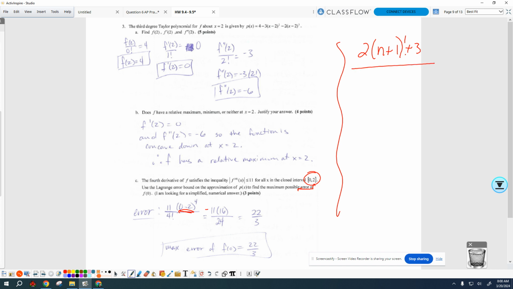Oh, I don't want the +3. So if it's a complicated one that you needed to do some stuff, I totally messed this up. Two should not be inside.